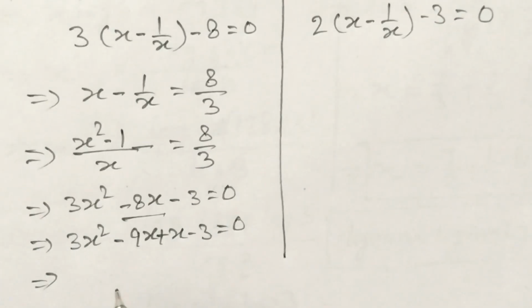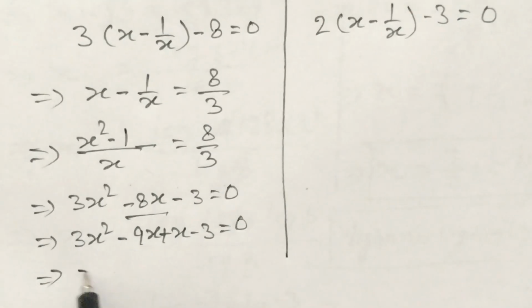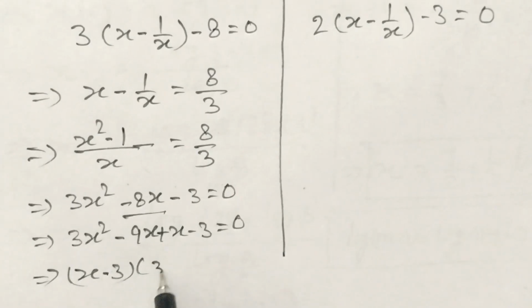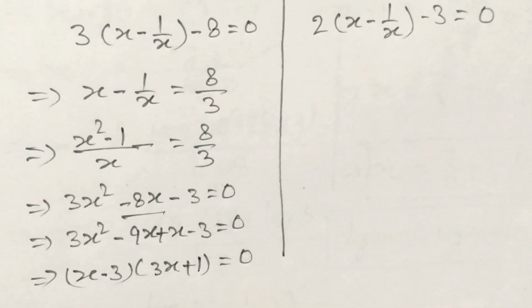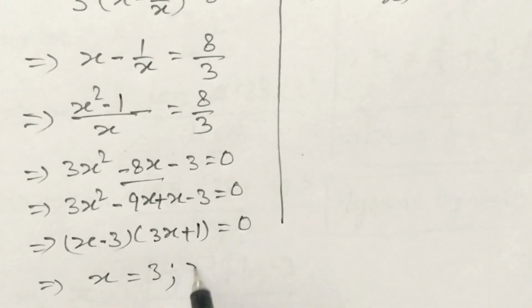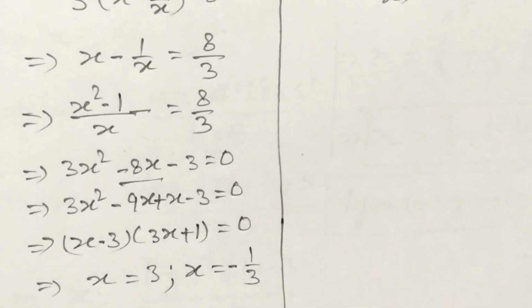So the factors will be (x - 3)(3x + 1) is equal to 0. So x will be equal to 3 and x is equal to minus 1/3, right?